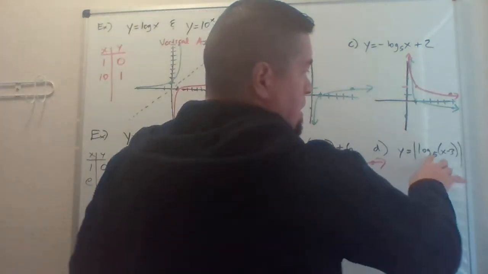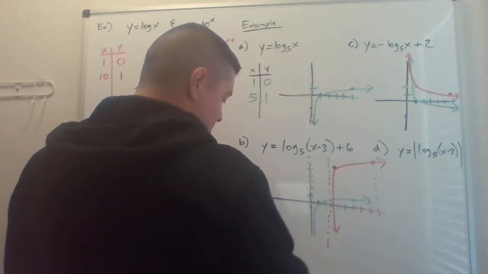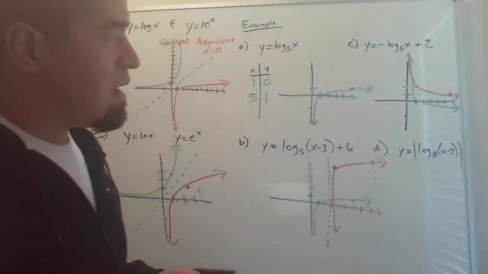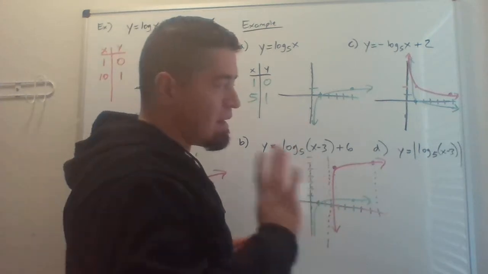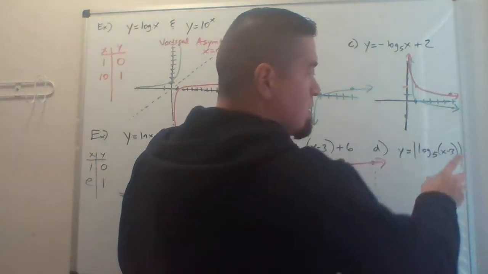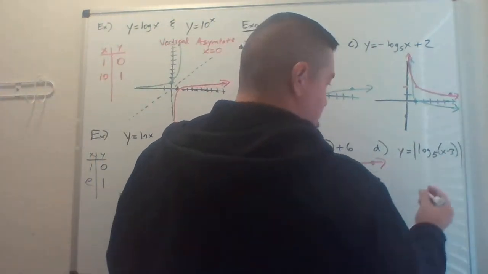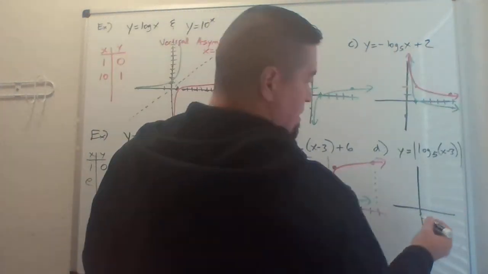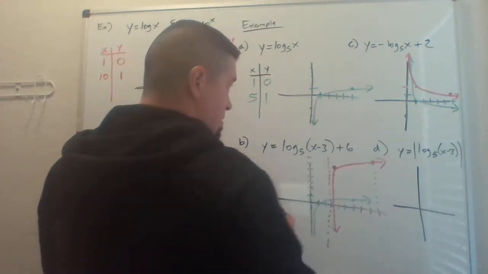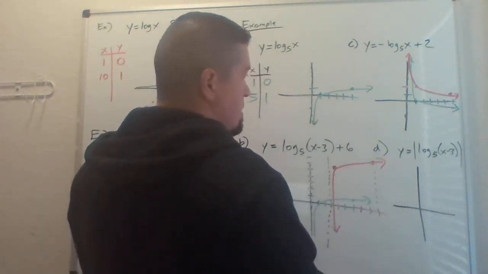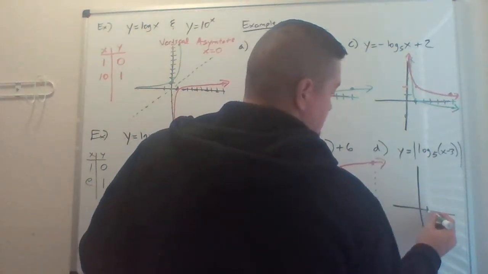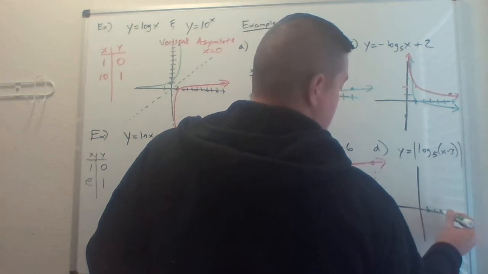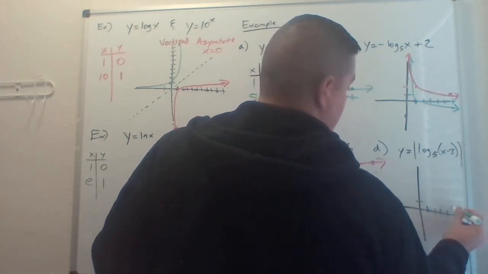Now for log base 5 of x minus 3, we have this absolute value, which I don't know if we graphed too many of them, but let's leave that to the end. Let's look at the other parts. I'm going to do x minus 3. So x minus 3, that tells me a right shift of 3. So again, we'll start with the original function. So there's a dot here, and it's 1, 2, 3, 4, 5, up 1.